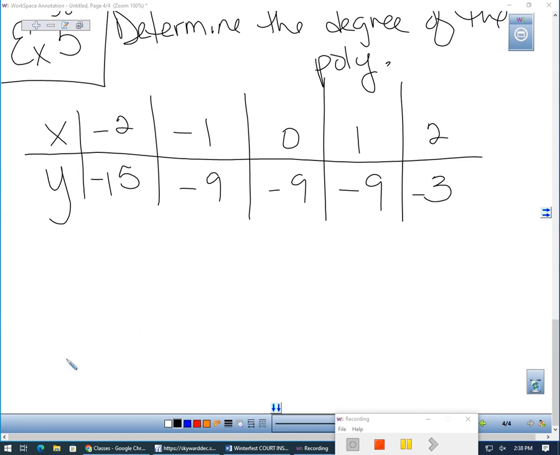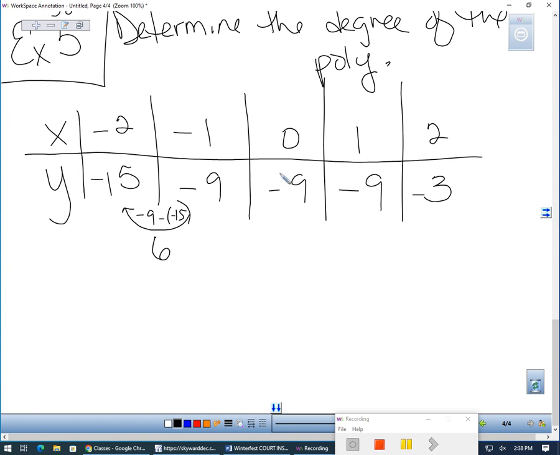You have to do subtraction, the difference. So you take the second y and subtract the first. So -9 minus a -15 is -9 plus 15 or? It's 6. Thank you.